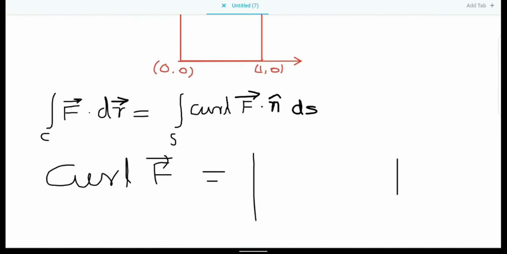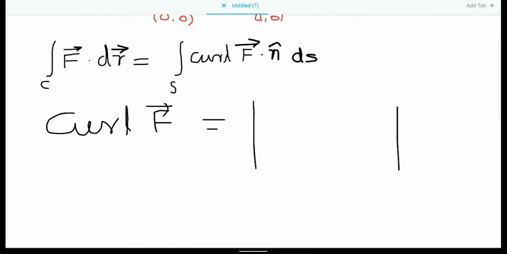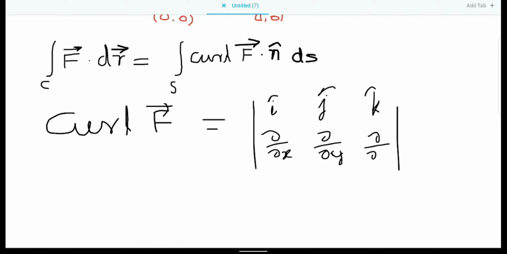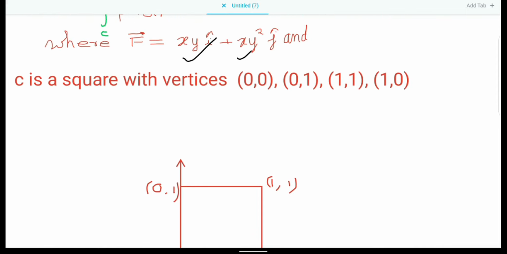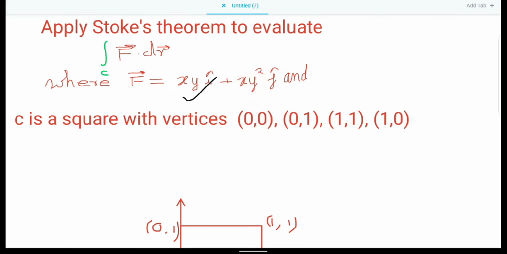We just compute the determinant with i, j, k in the first row, del/del x, del/del y, del/del z in the second row, and the components of F in the third row: xy, xy squared.